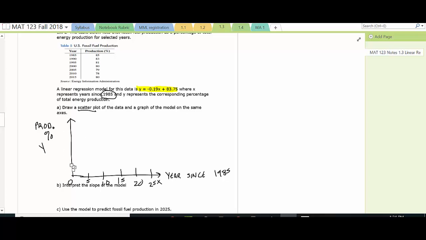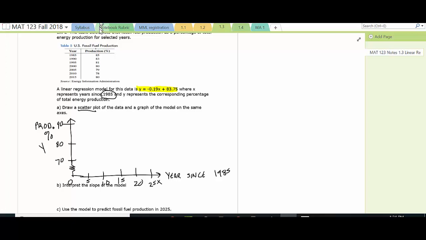I don't mind if you do this because it's a common practice: you can put a little squiggly line there, and then you decide where you want to start it. Let's just start it at 70, because that's the low, and then we can go 80 and maybe up to 90. Okay, that's good enough. You can do that if you need to start your graph a little bit differently like that.